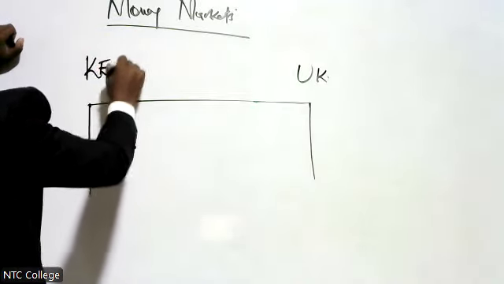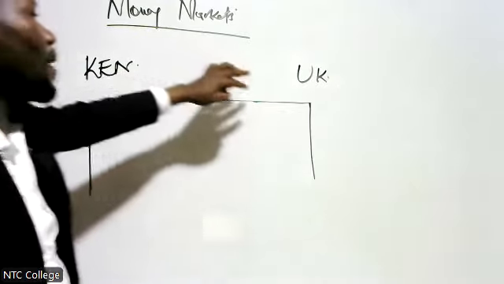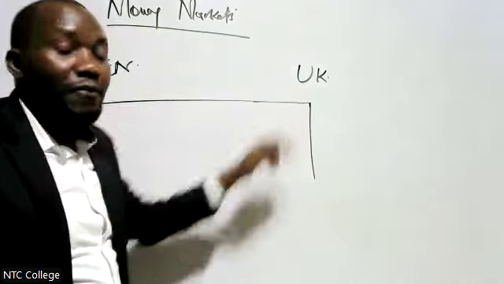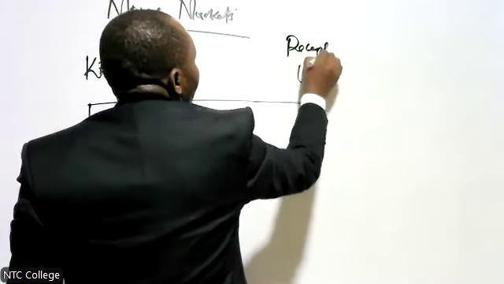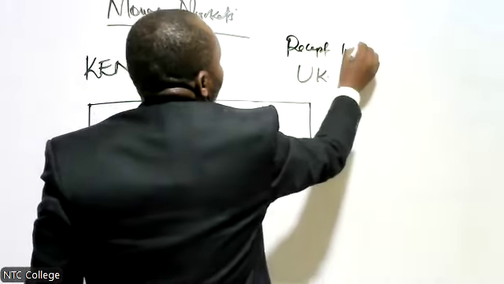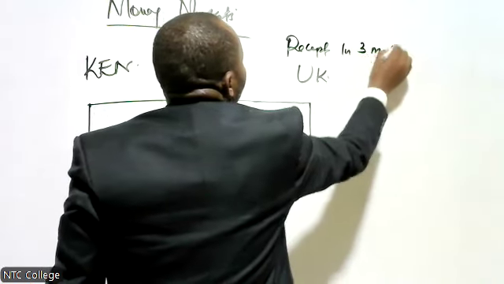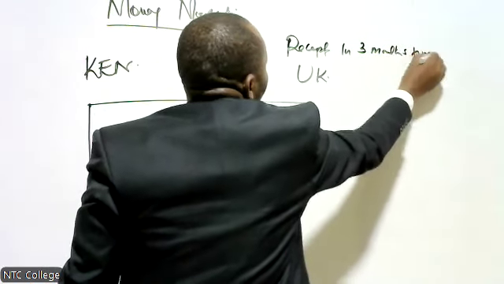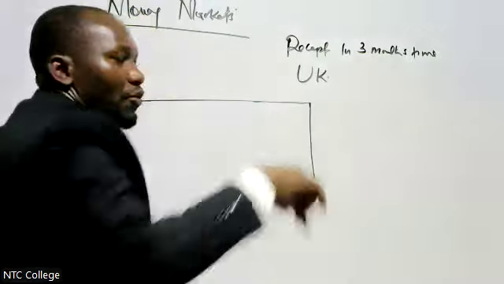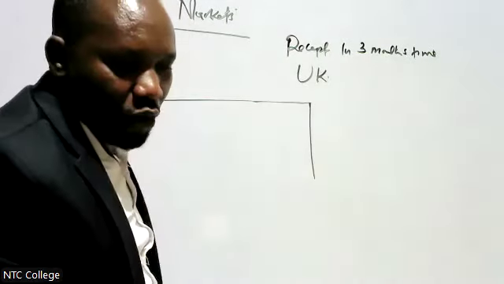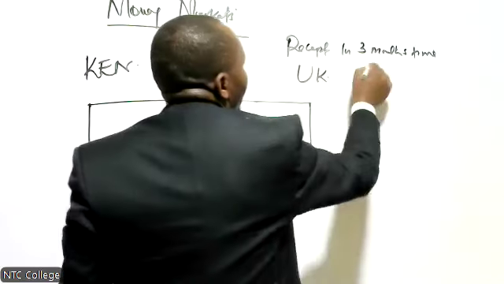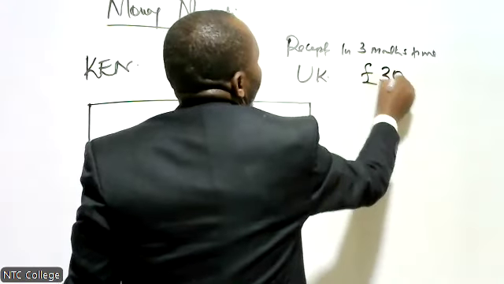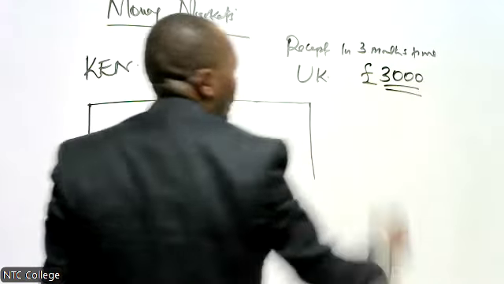You are in Kenya and you expect to receive some money in 3 months' time. Let me say receipt in 3 months' time. 3 months from now, that will be which month? October. You expect to receive some amount, let's say 3,000 pounds.